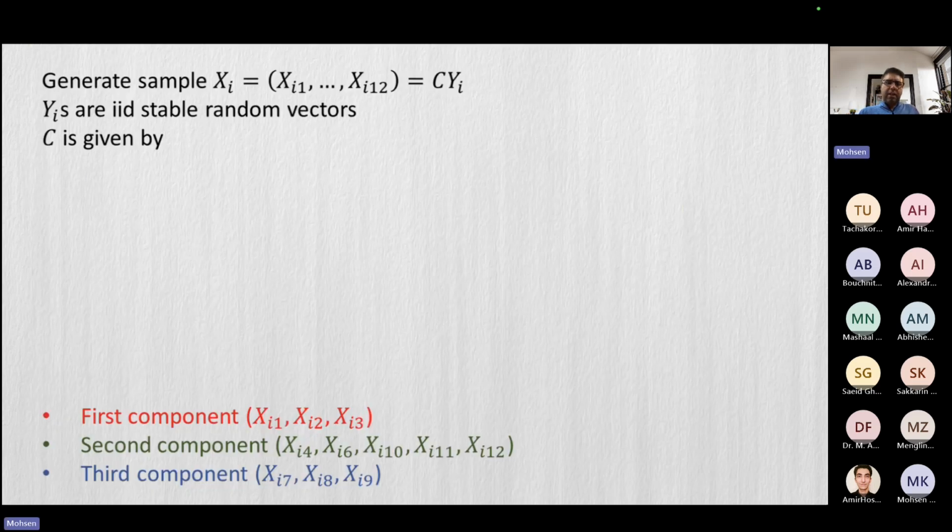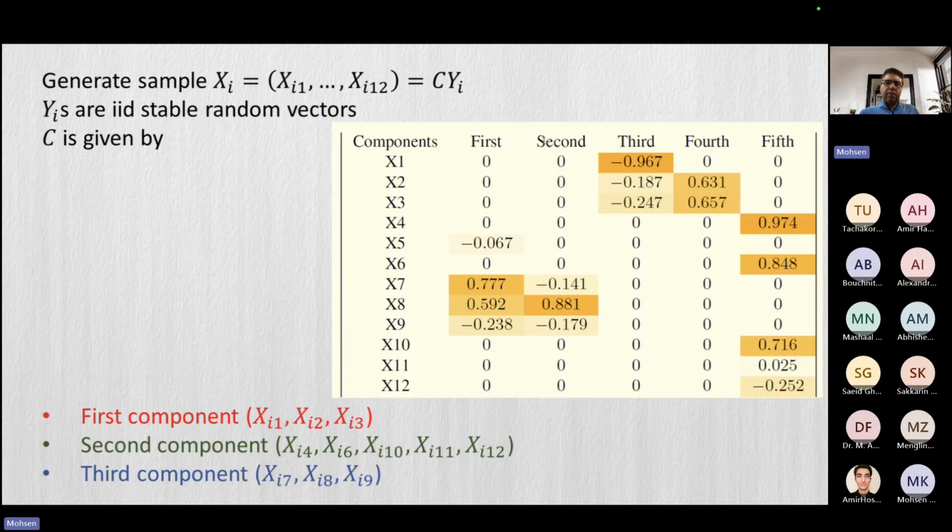To show whether the algorithm works or not, we simulate from heavy tail data, and in this example, we generate a 12-dimensional vector. Based on this, we propose the following linear combination.